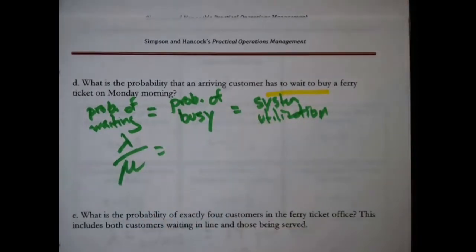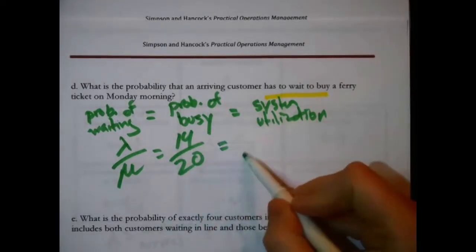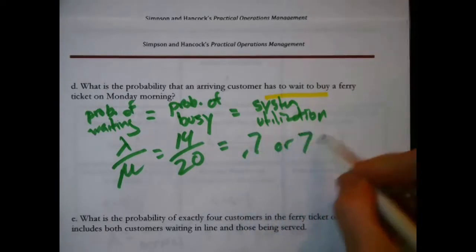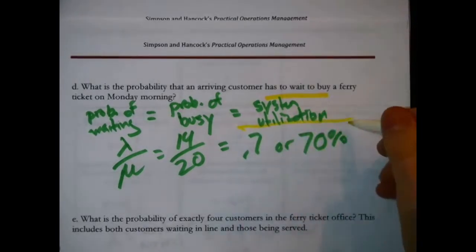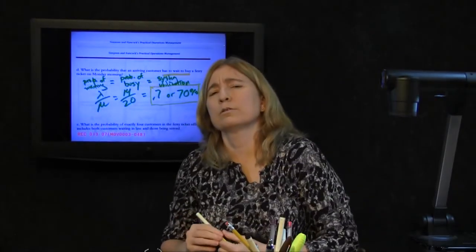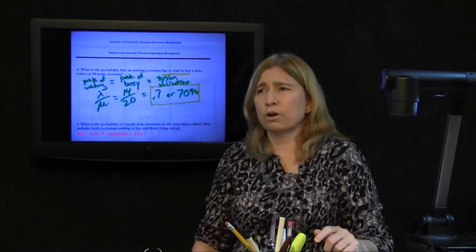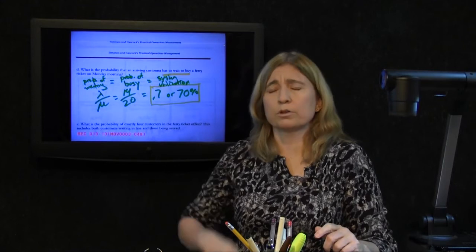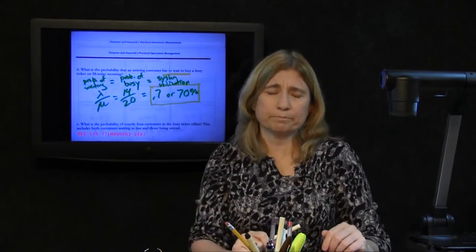So in our case, that's 14 divided by 20. So that's 0.7 or 70%. That's the answer to the question. The probability that an arriving customer has to wait at least some amount of time is 70%. That is also the proportion of time that the ticket seller is busy.